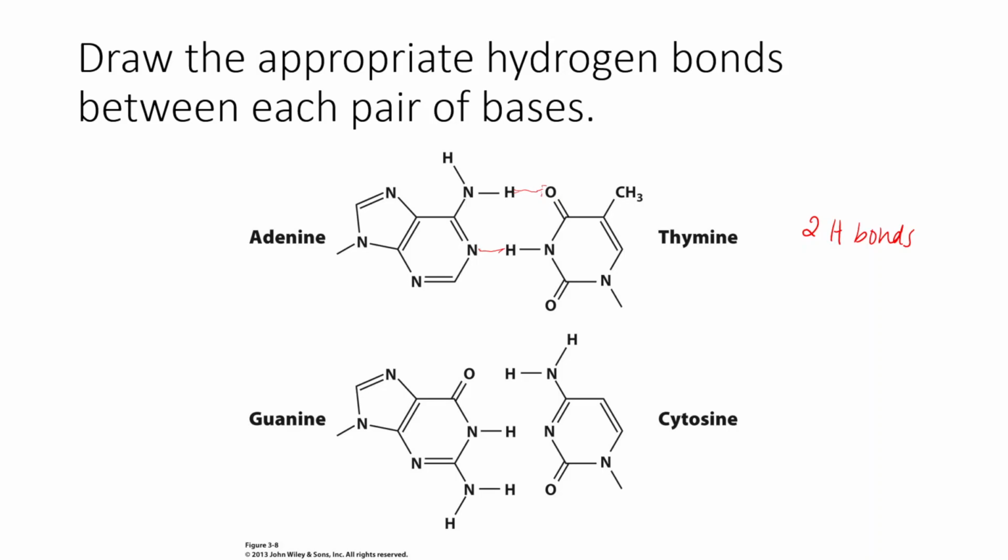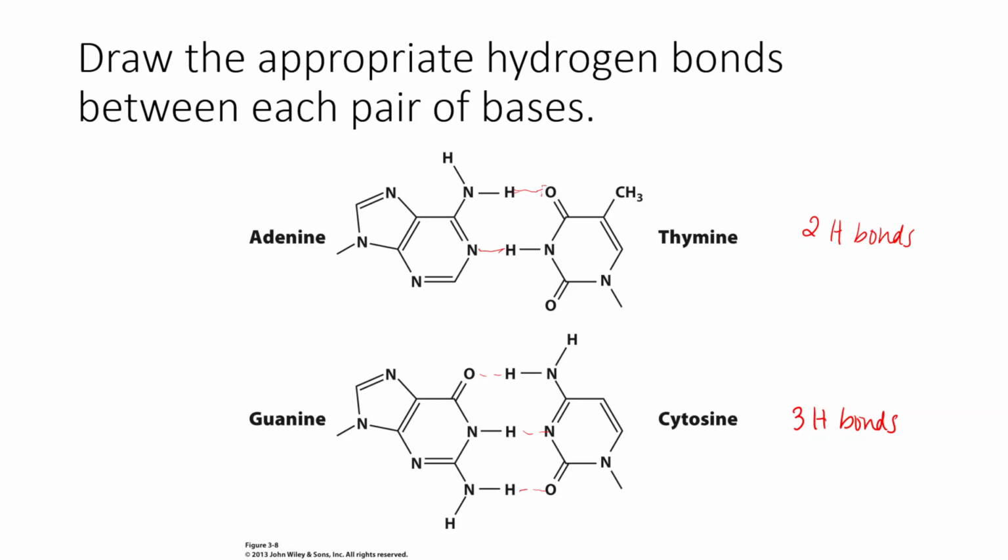Does anybody want to draw the hydrogen bonds between guanine and cytosine? Go for it. Fabulous. Yeah. So guanine and cytosine have 3 hydrogen bonds between them. So we talked a lot about what conditions we need to have to make a hydrogen bond.